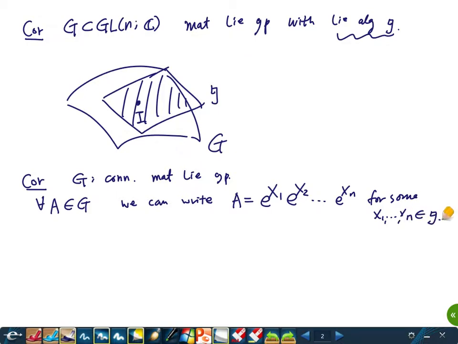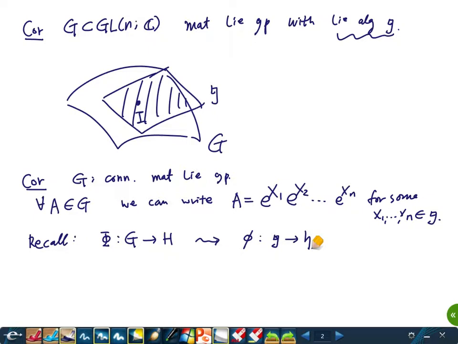All right, and so let's recall that if we have a Lie group homomorphism, then this determines a unique Lie algebra homomorphism.